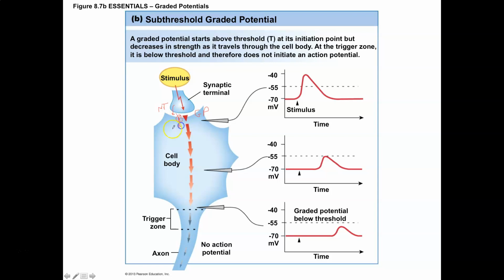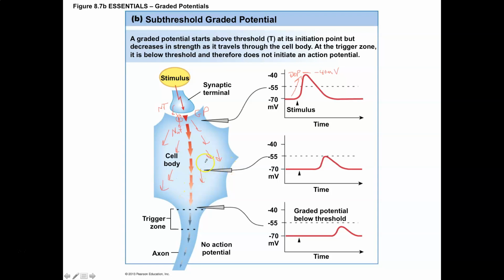Let's say it's letting in sodium again here, causing a depolarization. We're actually graphing it so we can see the depolarization. So initially, it's a strong depolarization. It gets close to negative 40 millivolts. But as the sodium diffuses through the cell body, the signal is getting weaker.